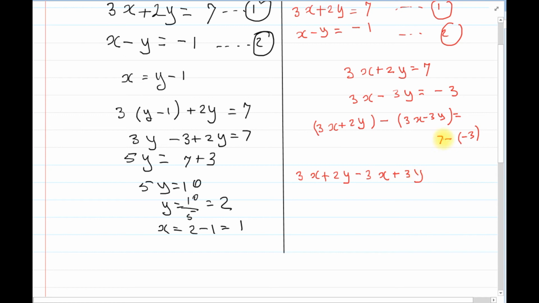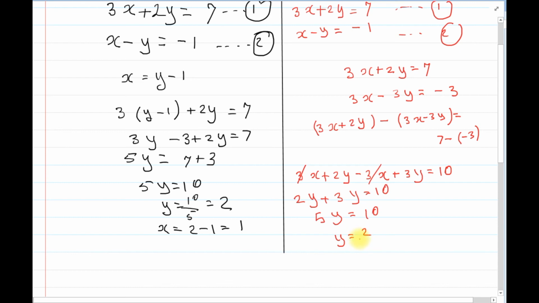Here I have 7 minus 3, which becomes 10. Now the 3x and minus 3x cancel. So I have here 2y plus 3y is equal to 10. So I get 5y is equal to 10. And from here, y is equal to 2, which is the same as we found in the other method.